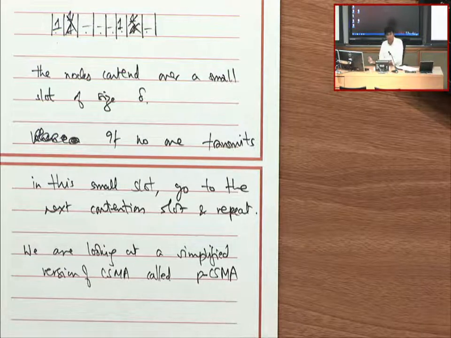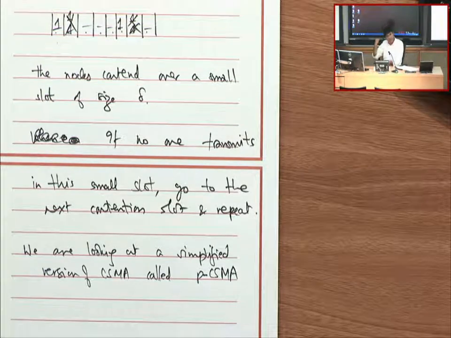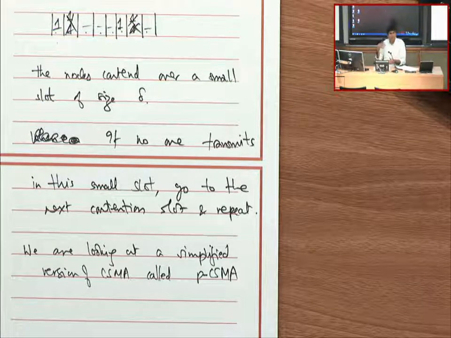After we understand PCSMA, we'll relate it to the version of CSMA that 802.11 uses. The key difference is that in 802.11, instead of using a geometric backoff, which is what PCSMA has, they use a uniform backoff. That is, which kind of random variable you use to generate your access attempts: instead of a geometric random variable, it's a uniform random variable. But conceptually, it's a similar idea.